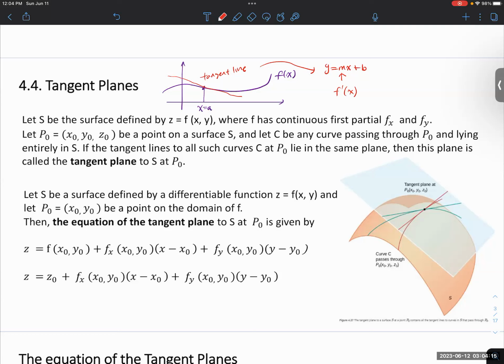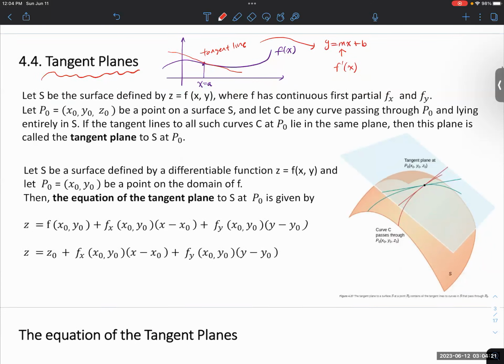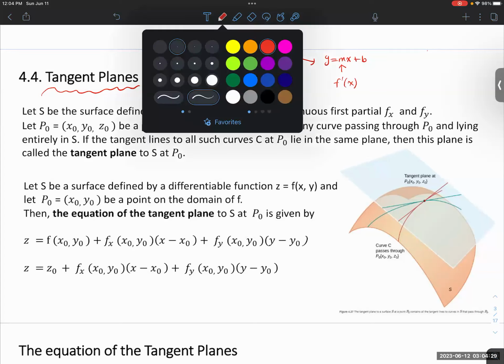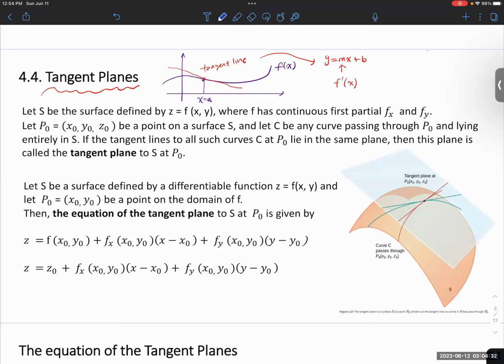We are going to find the tangent plane, which is very similar to the tangent line. So let's take a look at that image. In three-dimensional space, let's say I have the y-axis, x-axis, and z-axis, and here is the point x0, y0, z0. There are many possible lines passing through this point, infinite lines in fact.